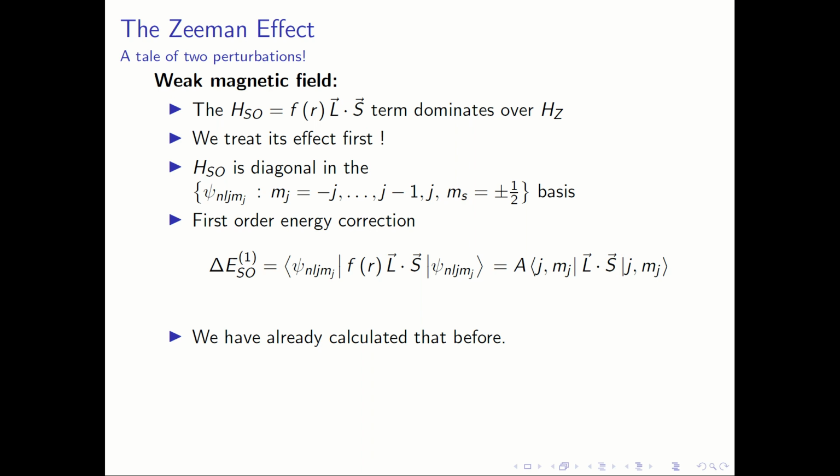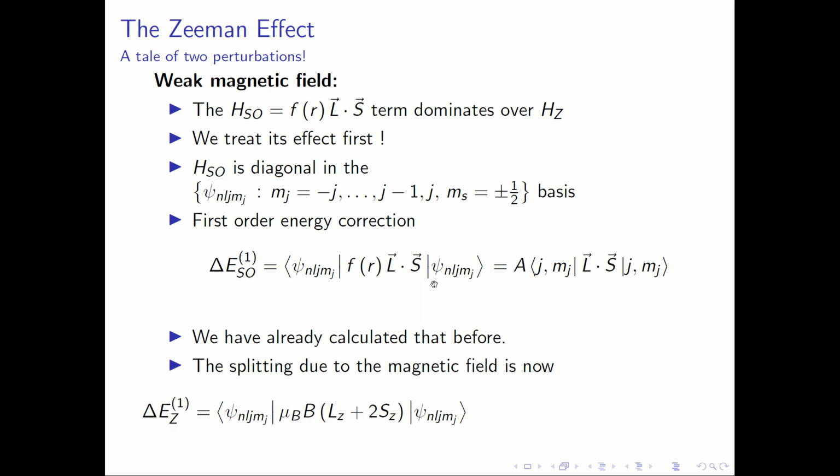But what is important here is that at the end of the day, this gives rise to a splitting of the degeneracy that we had, and the unperturbed levels now are ψ_{n l j m_j}. And the splitting due to the magnetic field, the H_Z term, even though it is smaller than the splitting due to H_SO now, is still the really important thing here, because the physical phenomenon that we are investigating is what happens to spectral lines when you switch on the magnetic field.